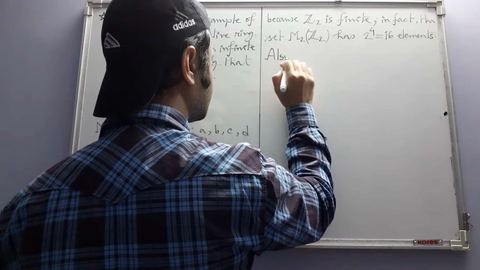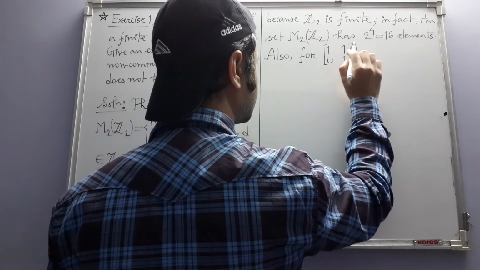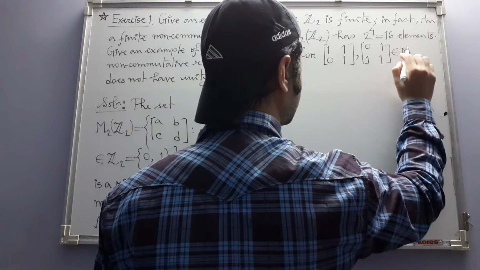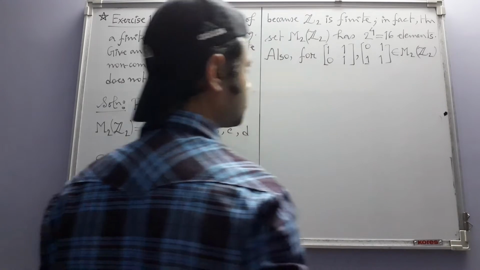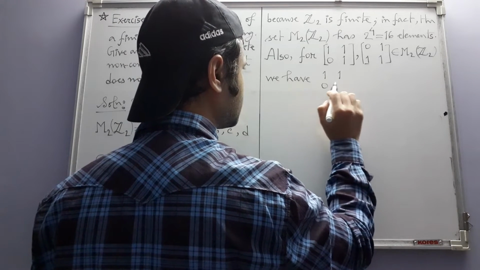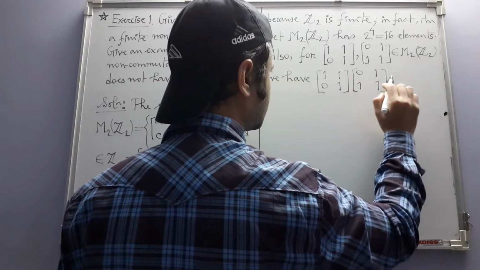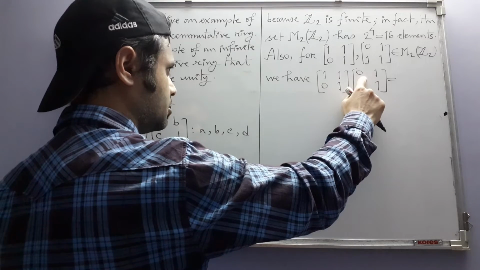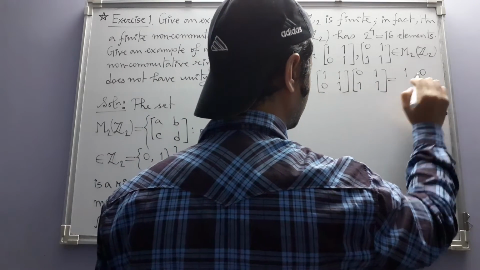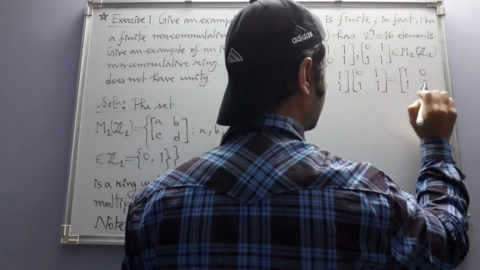Also, for these matrices, if we calculate their product, then 1 times 0 is 0 plus 1 times 1 is 1, so 1. 1 plus 1 is not 2 but 0. 0 plus 1 is 1 and 0 plus 1 is 1.